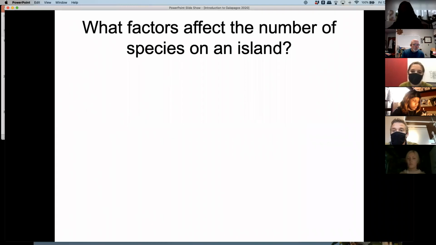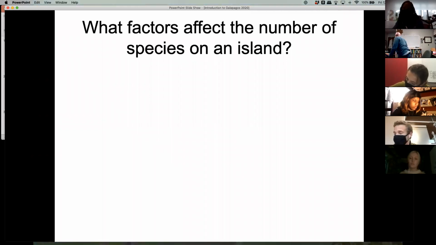But on these islands, each island, as we've seen with the tortoises and with the snails, has its own suite of species. And the islands differ somewhat in terms of how many species occur on the island. So what kind of factors might influence the number of species that you find on any given island? The amount of land.